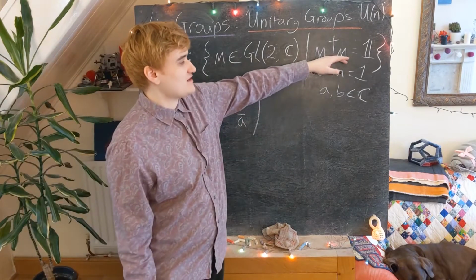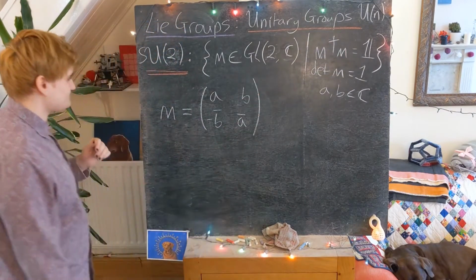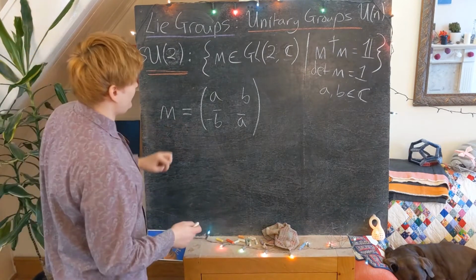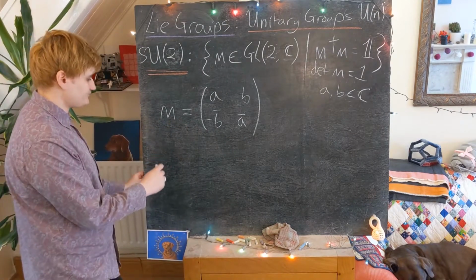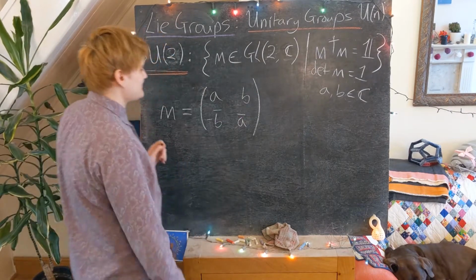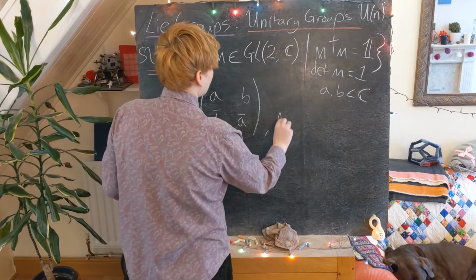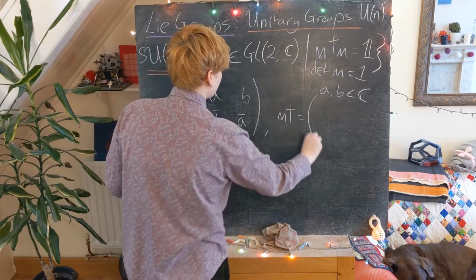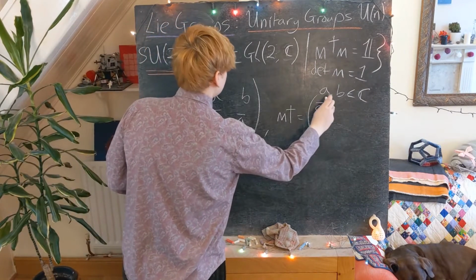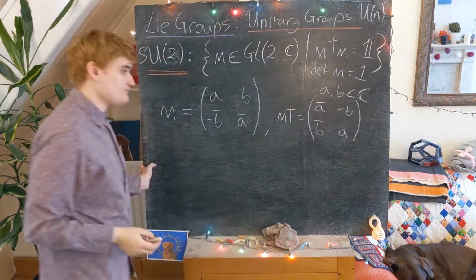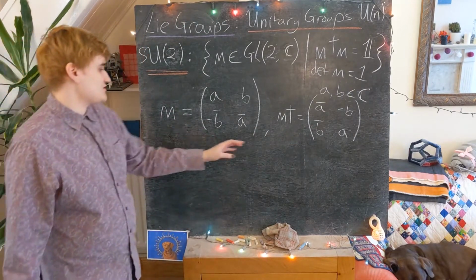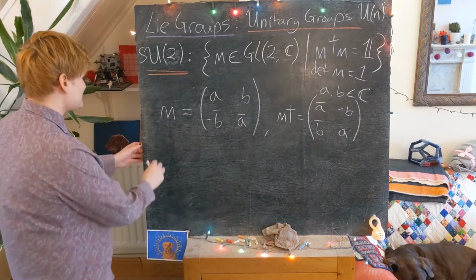This is going to come somehow from this condition. But now let's just check our conditions and make sure that they're satisfied. So we need to have that M dagger M is just the identity. So M dagger, we have to conjugate and transpose. M dagger is going to have the following form. And so now let's just multiply them out and see what happens.